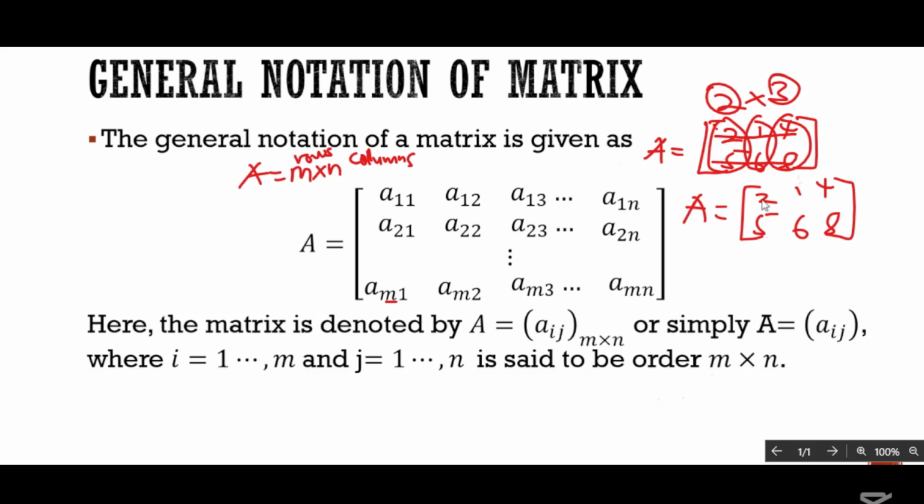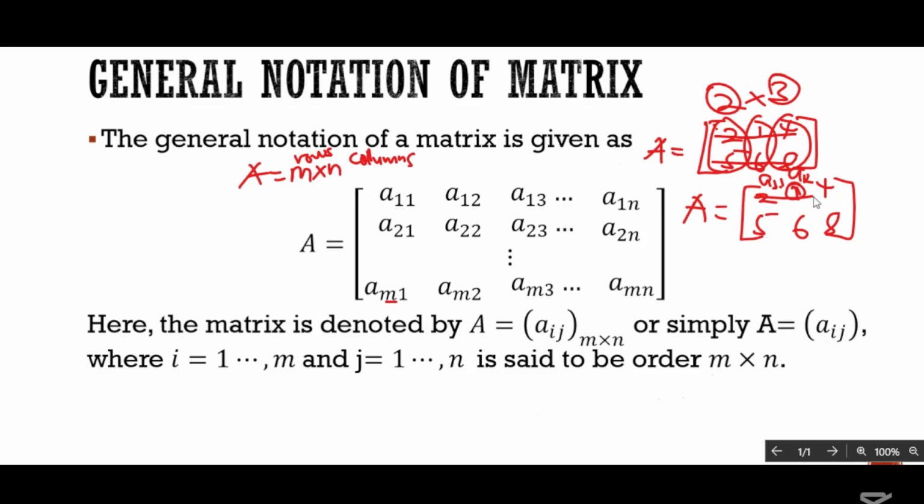Now, 2 is in the position of A11. Why are we saying that? 2 is in the first row and in the first column. Then 1 is in the first row but second column, so we have A12.